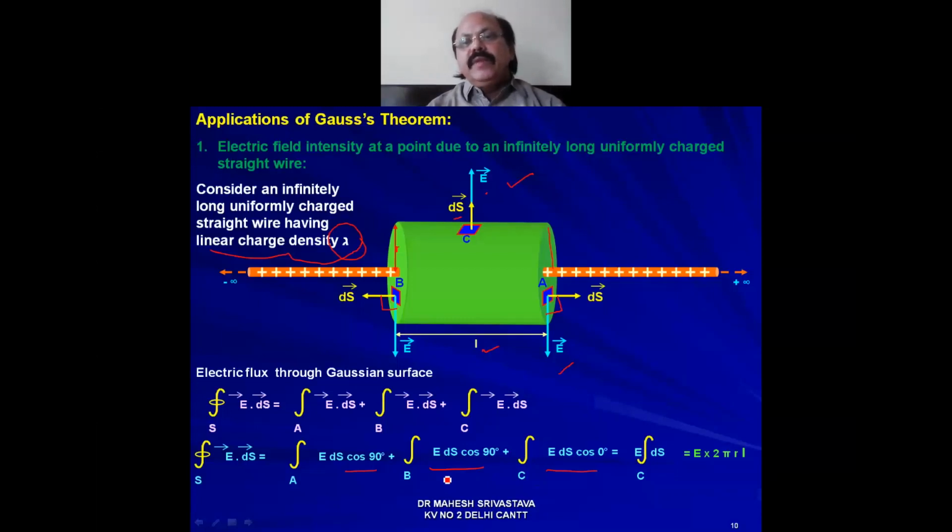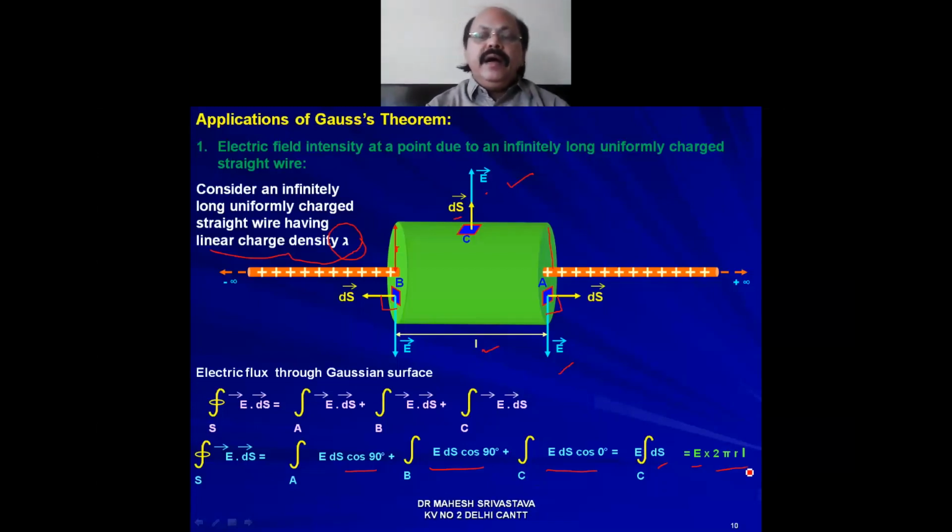So E integral for curved surface C ds equals, E is constant because every point on the curved surface is at the same distance from the axis of the Gaussian surface. Now the area of the Gaussian surface is 2 pi r L. So you get electric flux through the Gaussian surface equal to E into 2 pi r L.